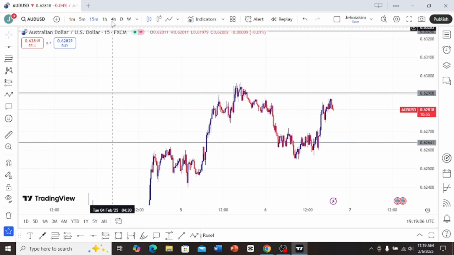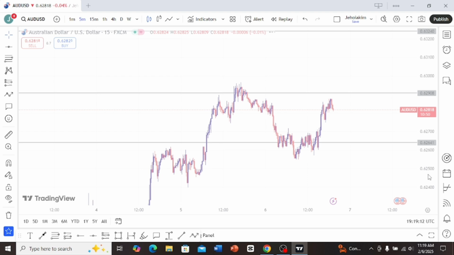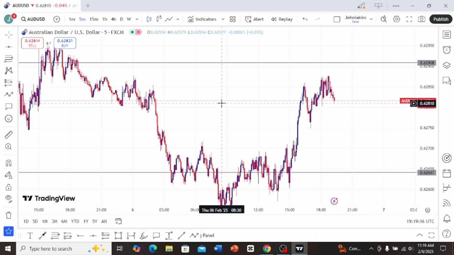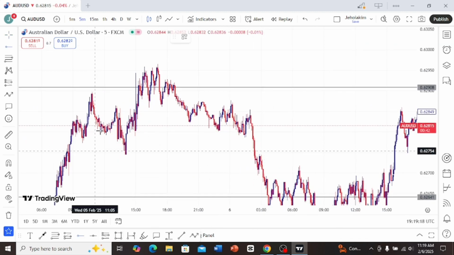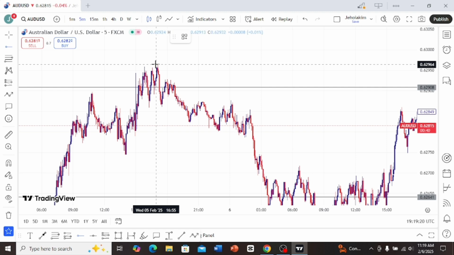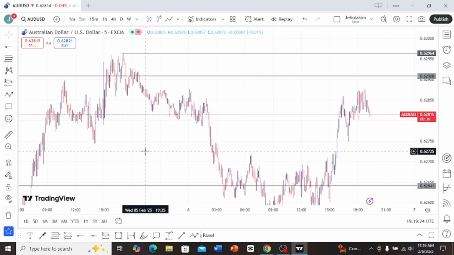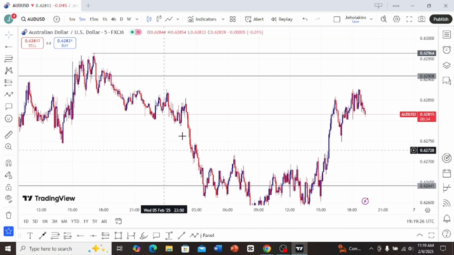So what I will do next is go into 5 minutes and look for entry levels. Now I'll take this as my initial high. This point is my initial high, and the market should be dropping after liquidity is cleared.